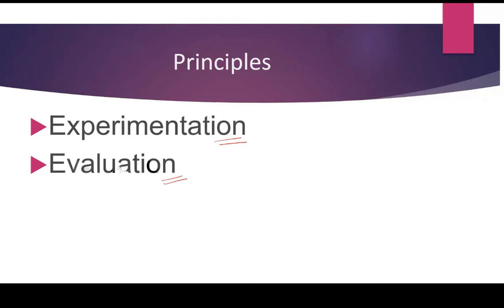In the micro lessons, each micro lesson is supervised by the supervisor or by the peer group of that prospective teacher, and they criticize the teaching of that prospective teacher. They show him the drawbacks which he is having.